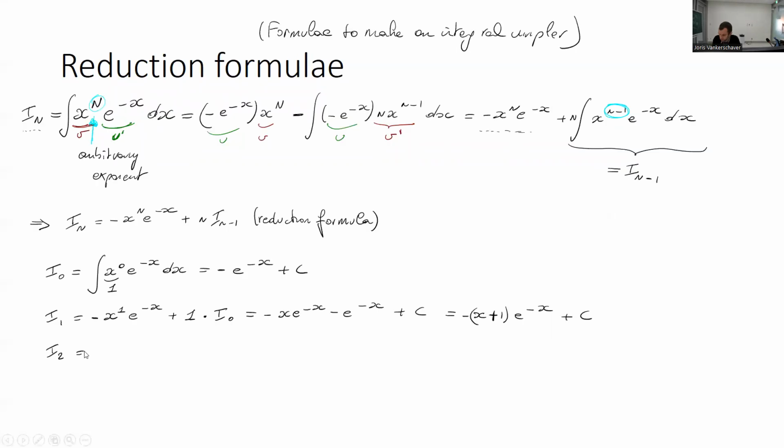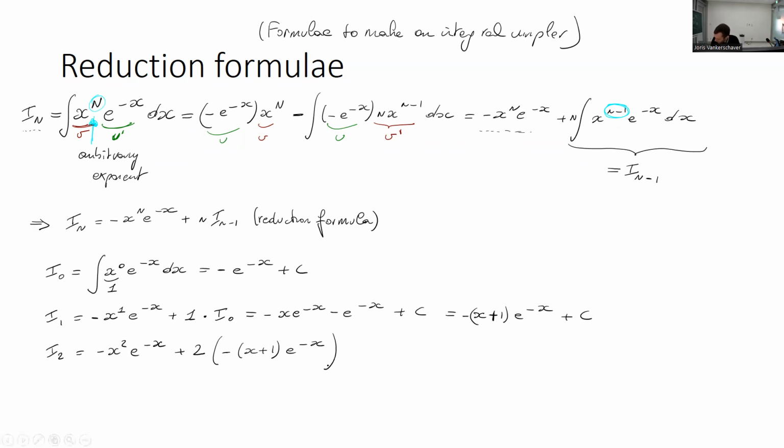What is I_2? Again, we can use the formula. It's minus x squared e to the minus x plus 2 times I_1, and I've already computed that, so minus x plus 1 times e to the minus x.